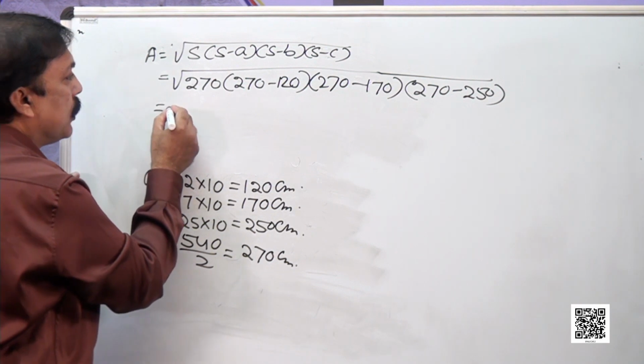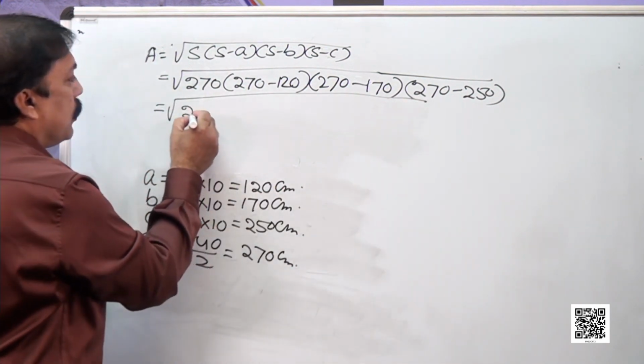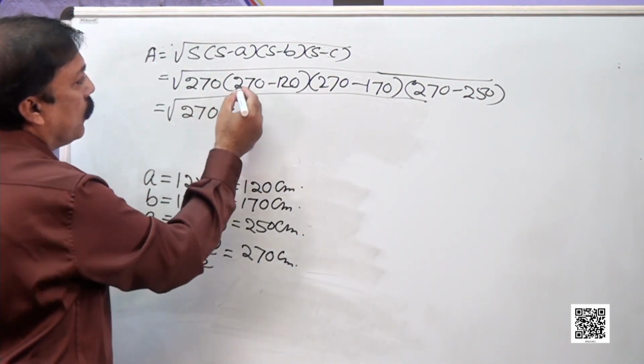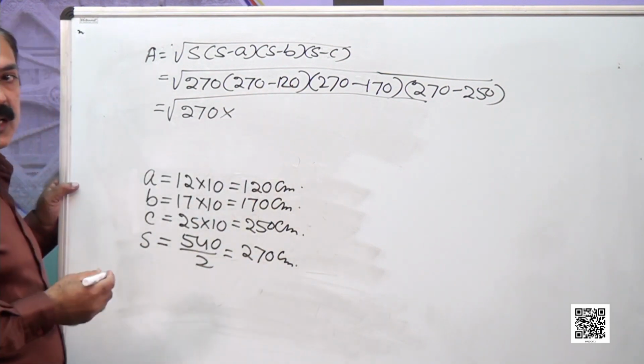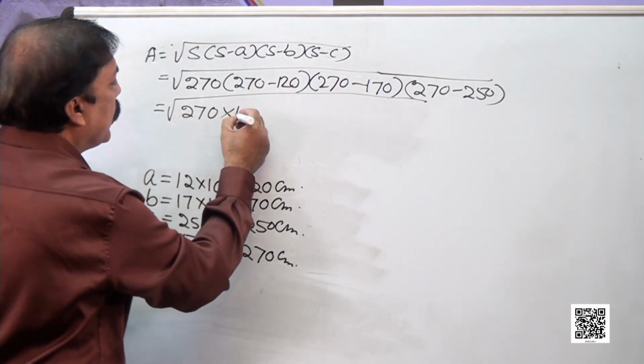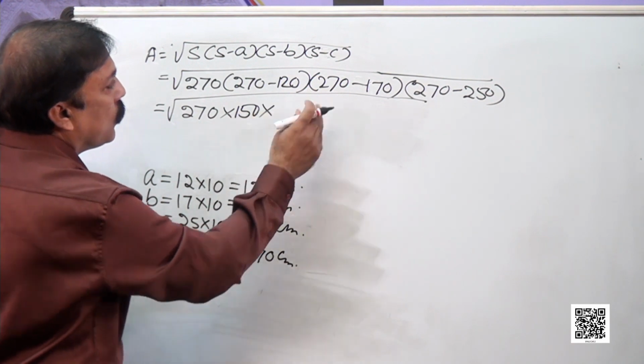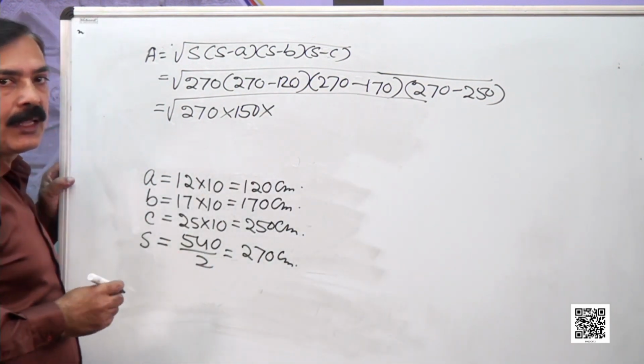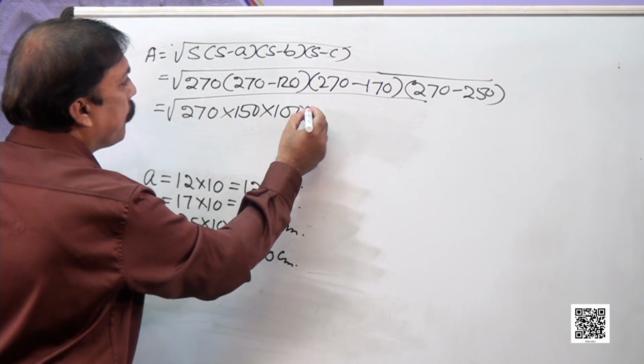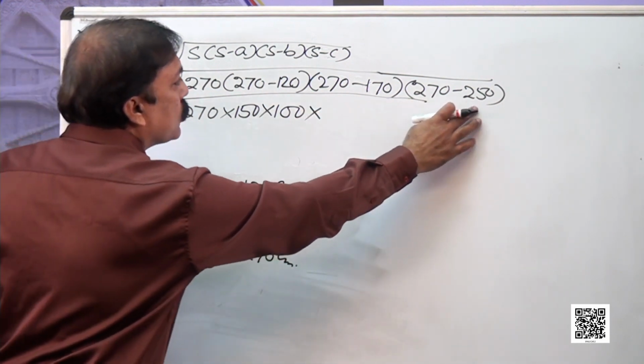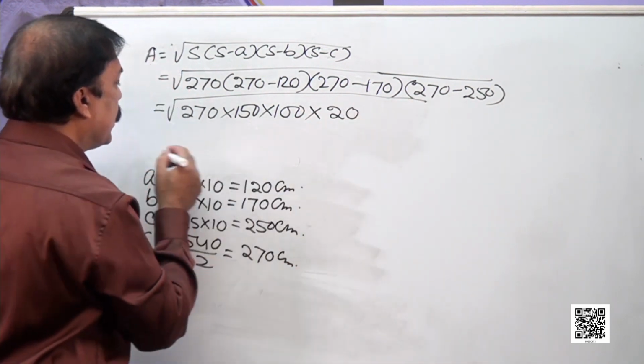This gives 270 into 270 minus 120 gives 150, 270 minus 170 gives 100, and 270 minus 250 gives 20.